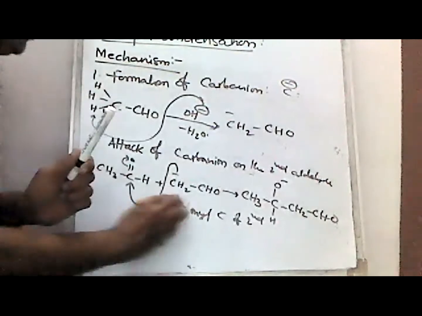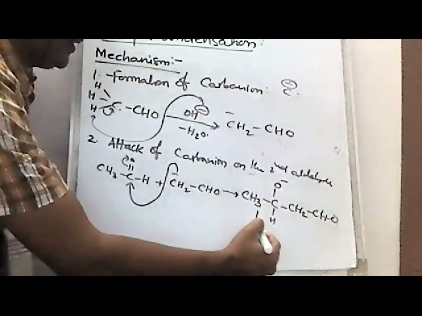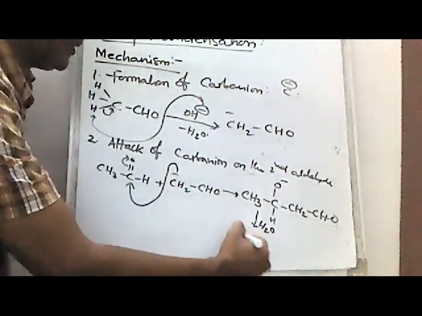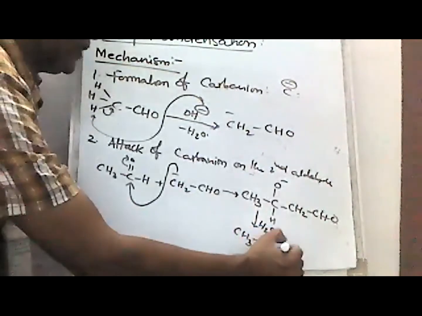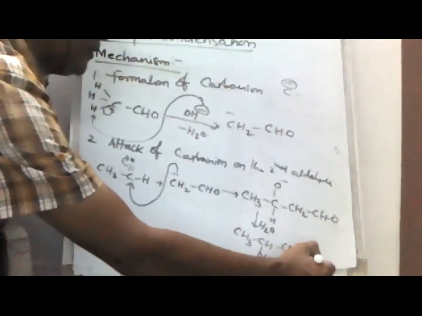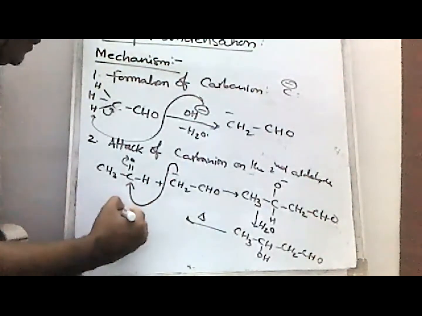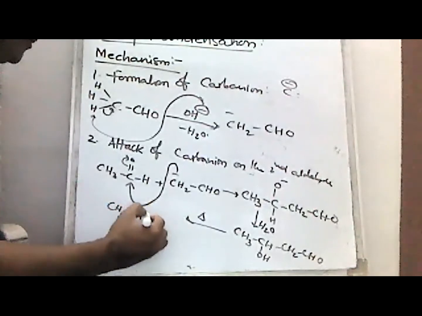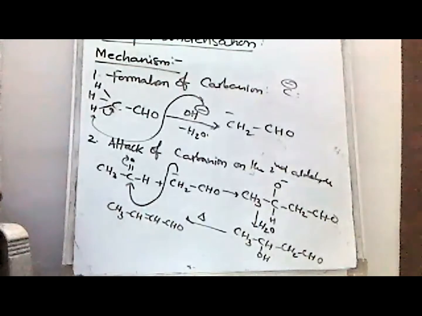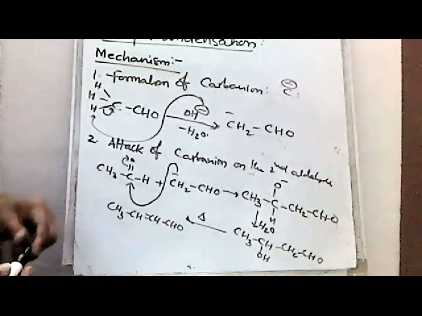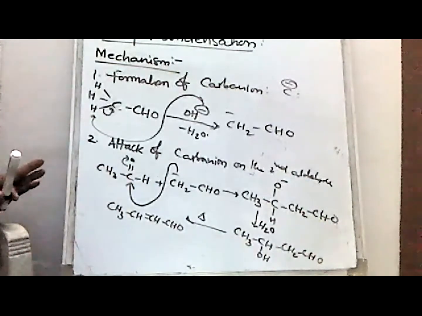In the next step, it undergoes hydrolysis, CH3, CH, CH2, CH, which on heating forms CH. OH and H will be removed, and here we will get beta hydroxy aldehydes or ketones.